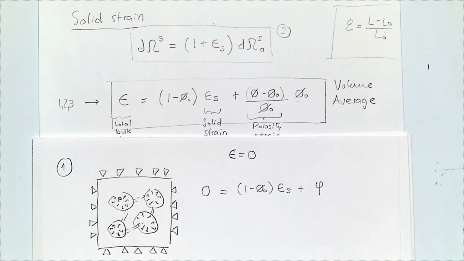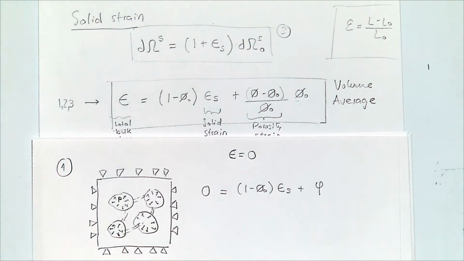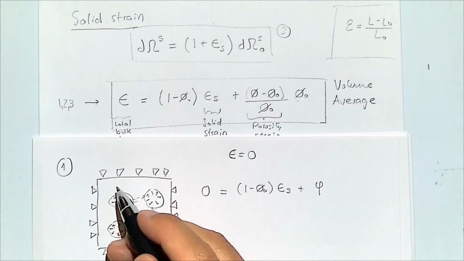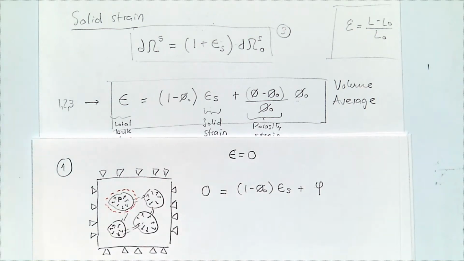And the result of this pressure, if this is an expansion of the pore, is going to tell me that if I expand the porosity, that's going to be at the expense of the deformation of the solid.